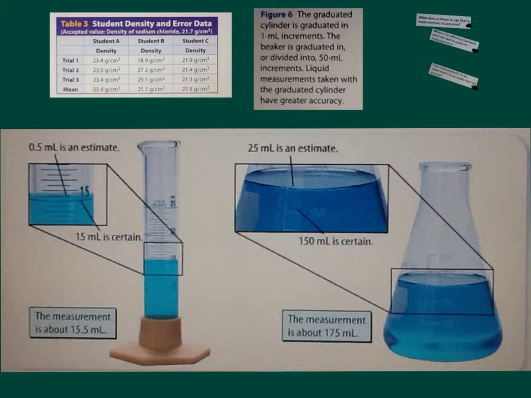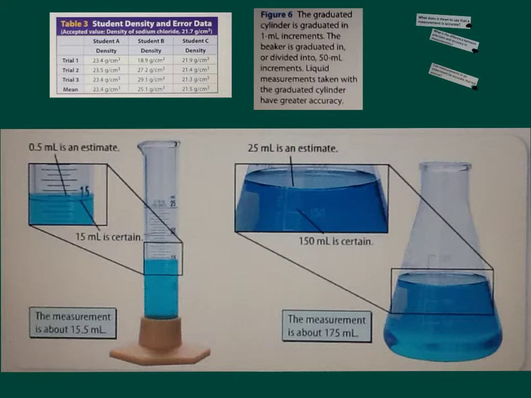The uncertainty in a measurement is a plus or a minus half of the smallest division. So for this flask, the increments are 25 milliliters. You divide that in half, so the uncertainty is plus or minus 12.5 milliliters for the flask.